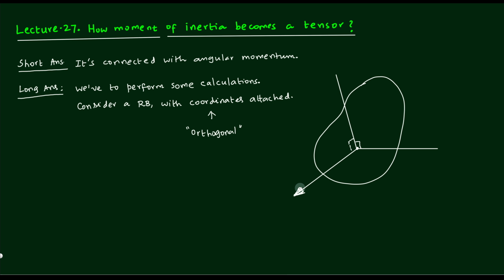And once these things are clear, we will choose any point in the rigid body as usual, and then show that is an r vector. I'll show that now.